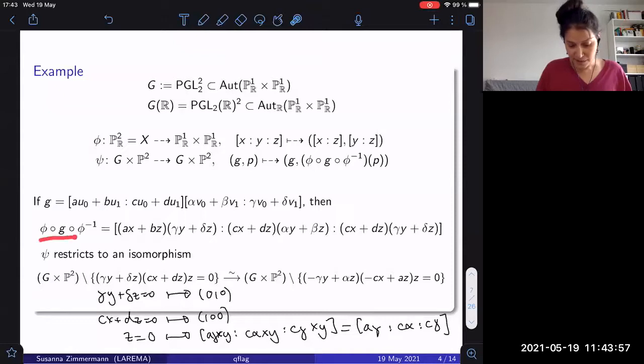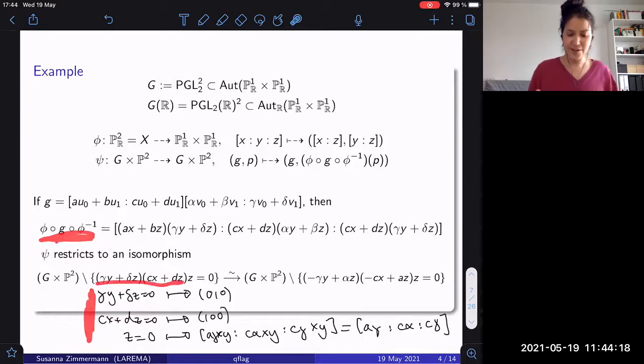Since this map is a quadratic map, these are all the lines where it's not defined, and outside of these lines, it is an isomorphism. So this is exactly the set of lines where this map stops being a diffeomorphism. It's the determinant of the derivative. Okay.